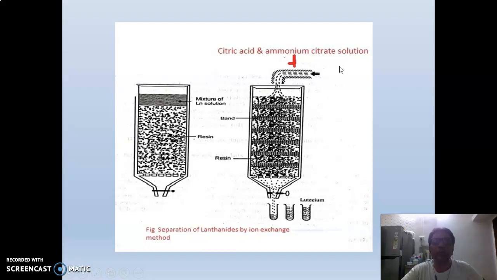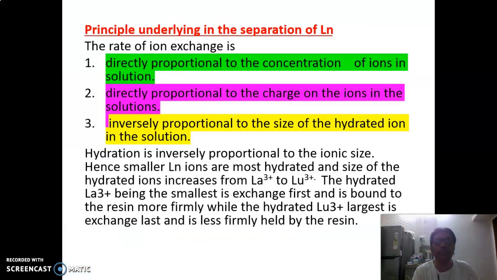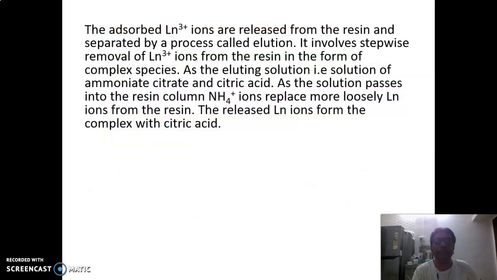Why is this eluent, this complexing agent, used? Because this complexing agent gives a better separation factor. So when the solution of citric acid and ammonium citrate is added into the resin column, a complex formation process takes place.